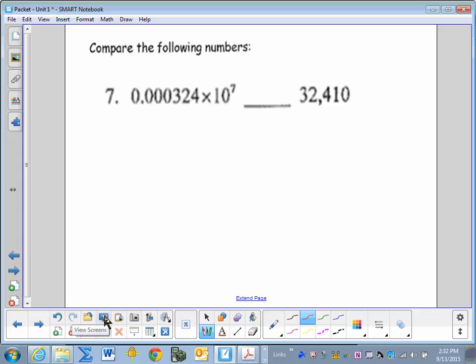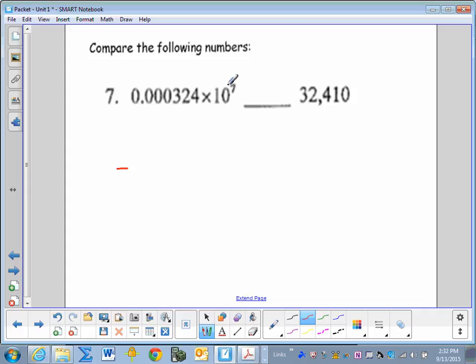Compare the following numbers. 0.000324 times 10 to the 7th compared to 32,410. So let's convert this from scientific notation to standard notation. I don't need to convert it, I just need to move the decimal 7 spots.